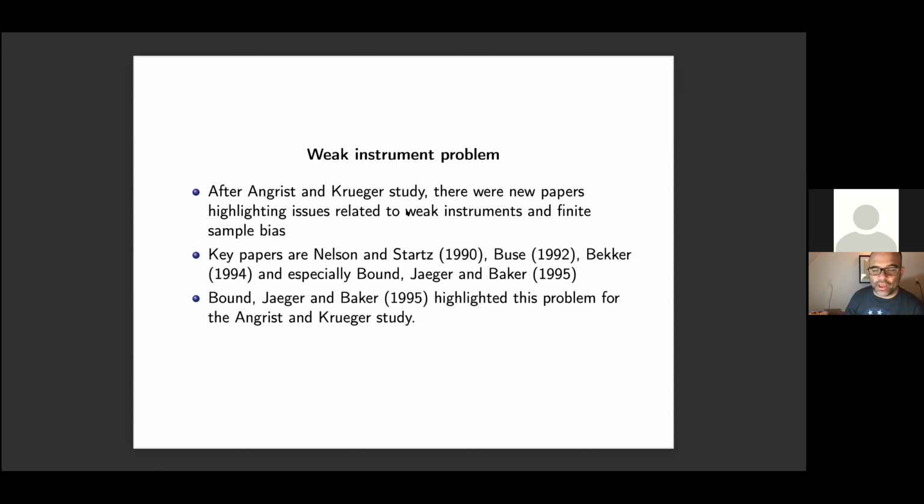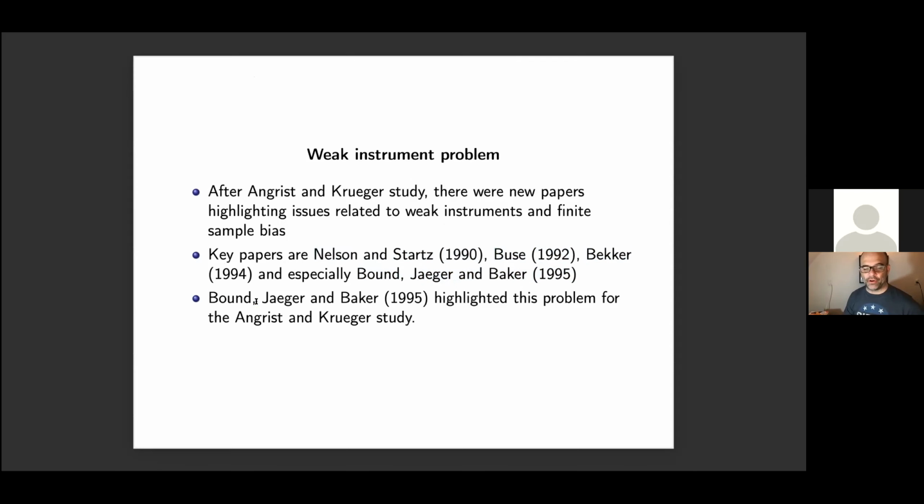So we have weak instruments and finite sample bias, and here were the papers, Nelson and Startz. Remember Angrist and Krueger's 91. You had a paper before it and a paper right after it. Are these guys the same people? No, there's a bunch of B's, but they're not the same people. So you've got Bose 1992, Bekker 94, and Bound, Jaeger, and Baker 95.